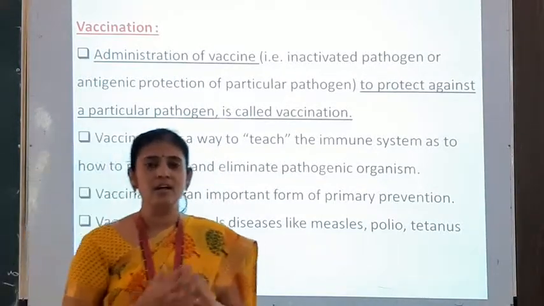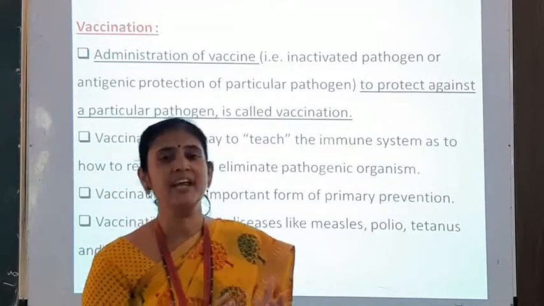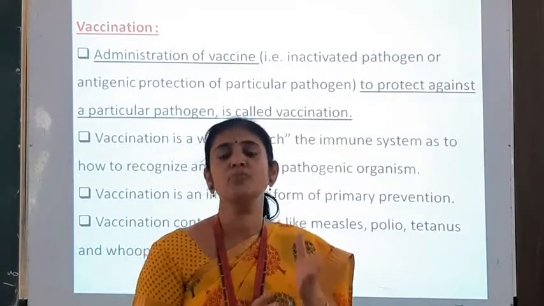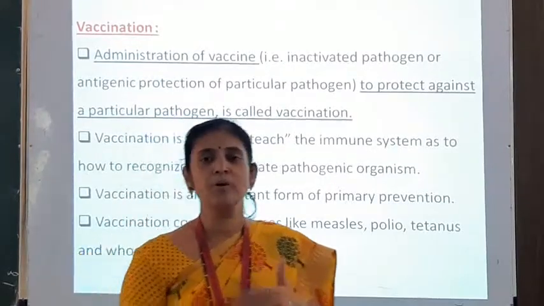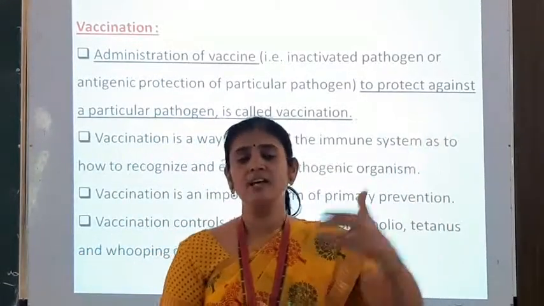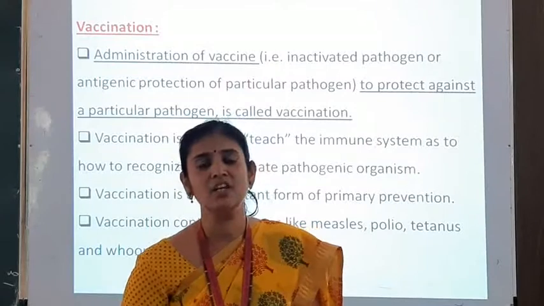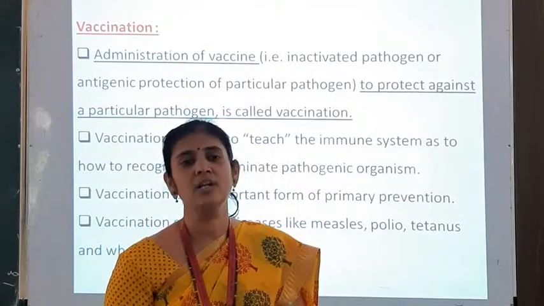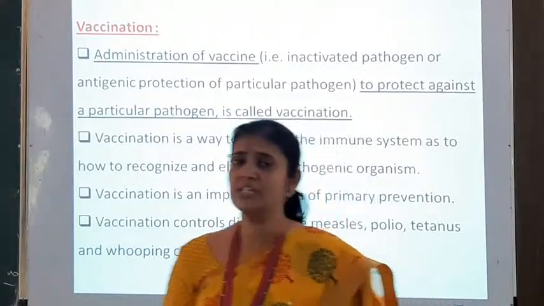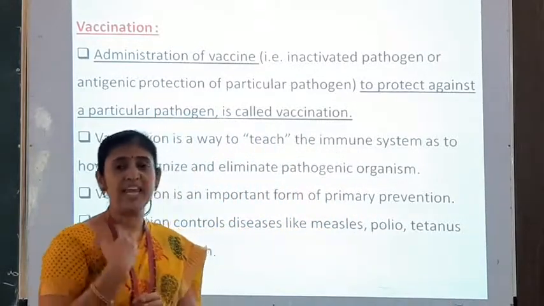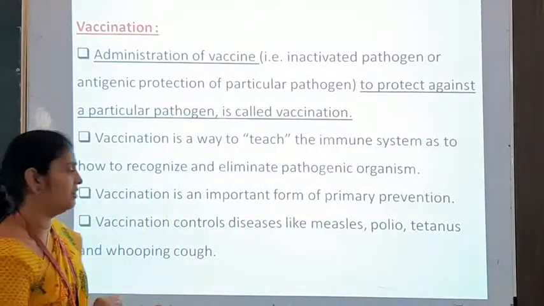So here the body is primarily protected with the help of this vaccination program. Various types of vaccines we have seen from birth up to age 12. Different vaccines are given to a particular individual to fight against a particular pathogen. So vaccination plays a very important role in maintaining our health.